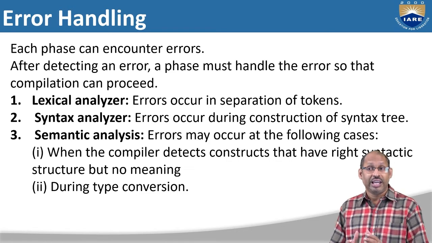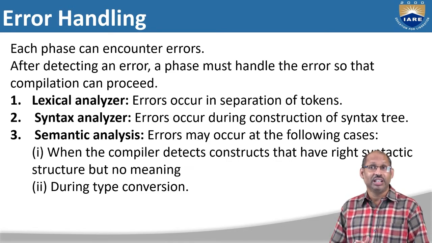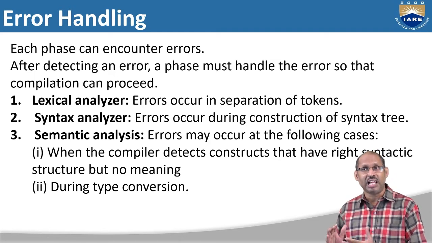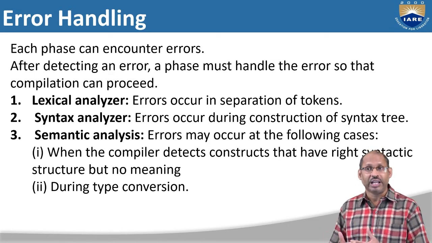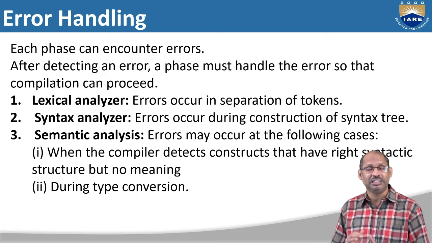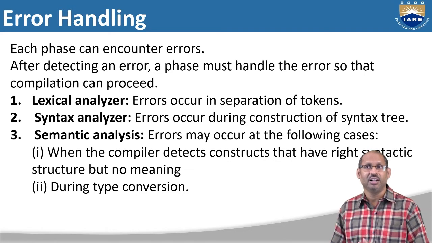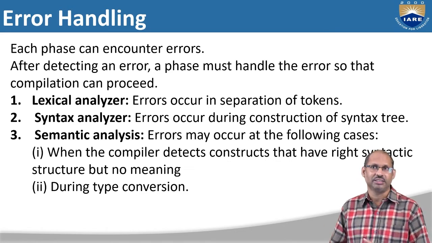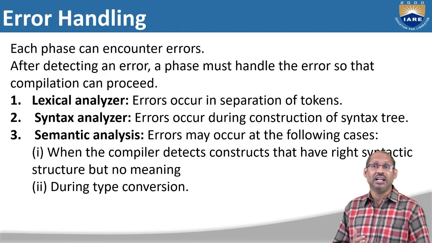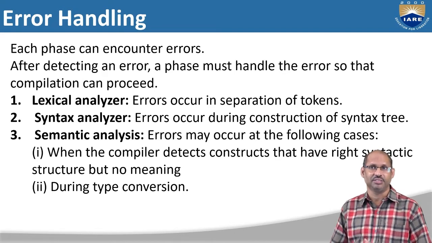According to the character set, the lexical analyzer will construct the lexemes and tokens. If it finds any other special characters, or simply typing mistakes, it generates error messages. So that is a lexical error.